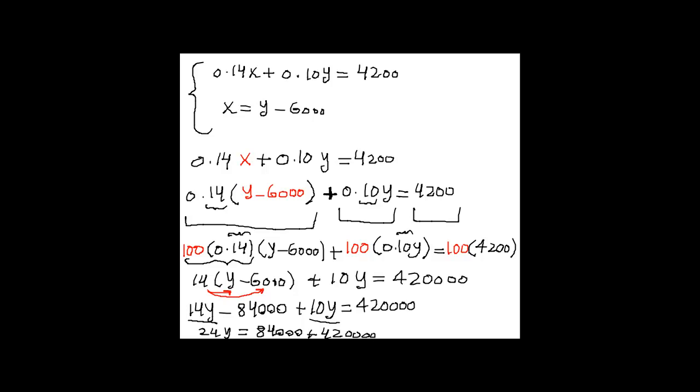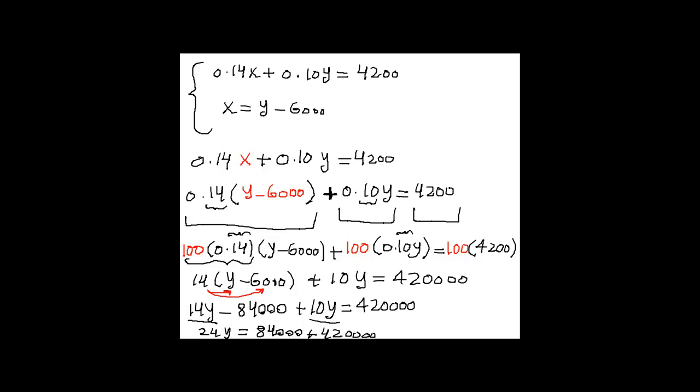So I would get 420,000 plus 84,000, 126,000. 24y is equal to that.